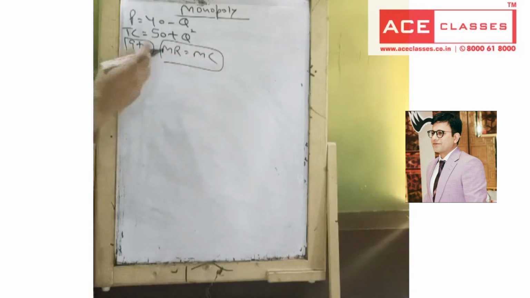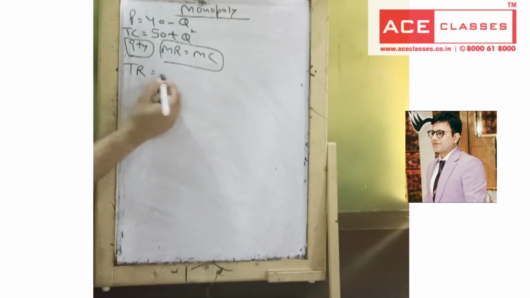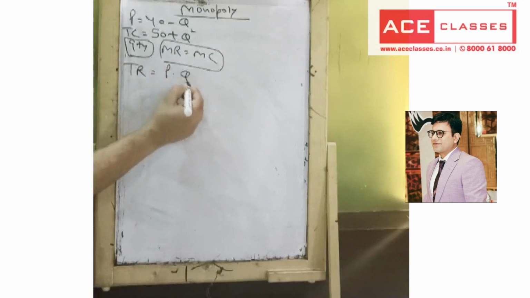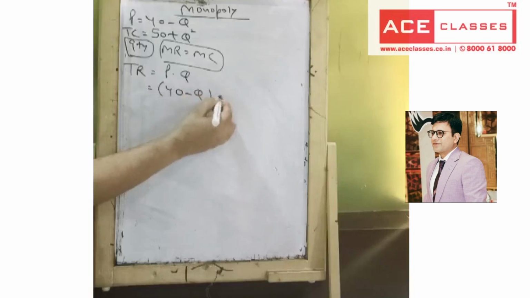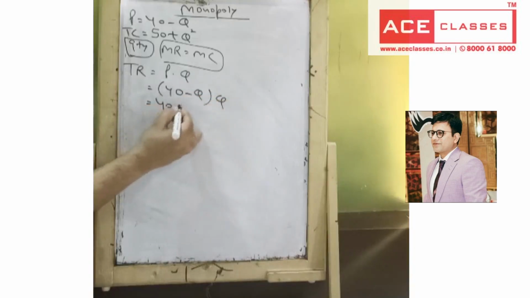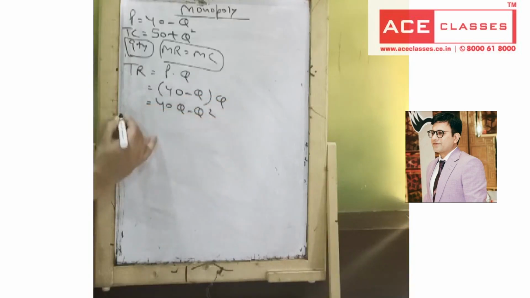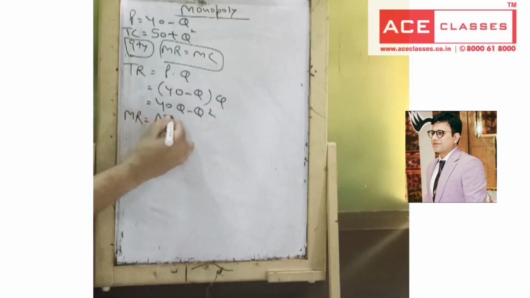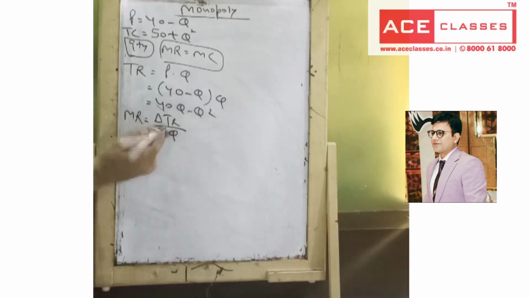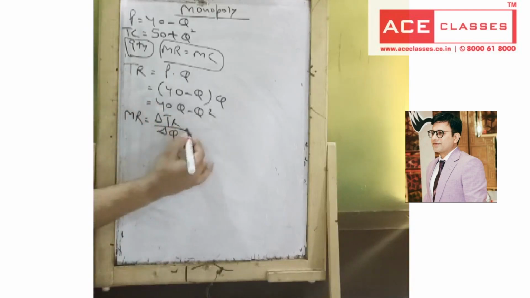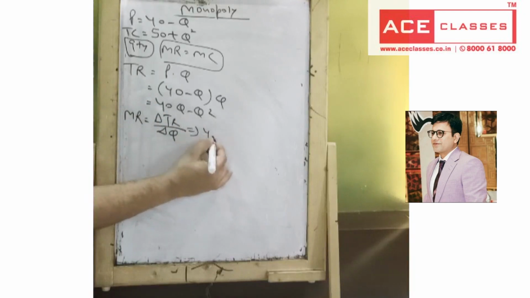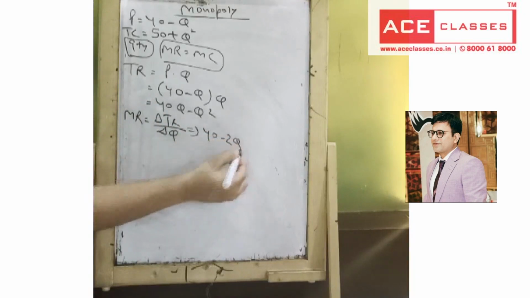Now first I'll solve TR which is P into Q. Going by the function, 40 minus Q into Q shall be 40Q minus Q square. MR is change in TR with respect to change in quantity, or in other words I am differentiating this TR with respect to quantity, and what I am gonna be left with is 40 minus 2Q.